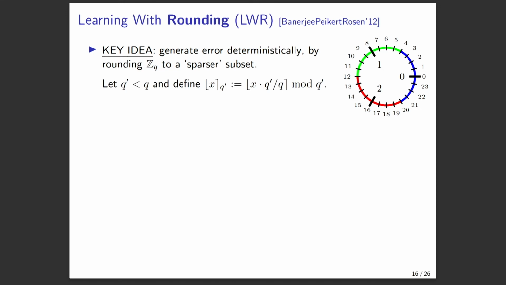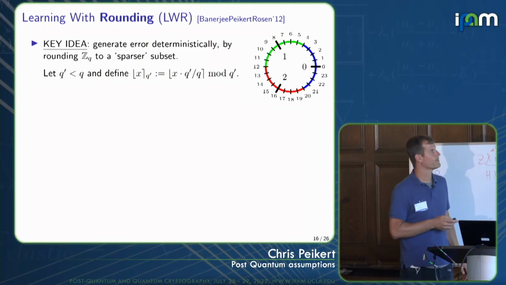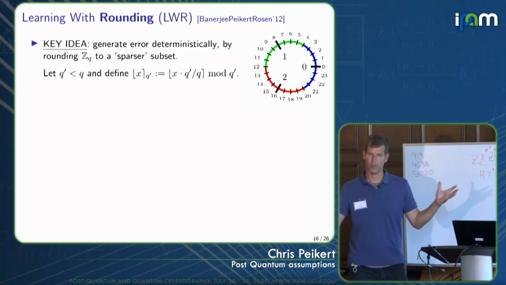Okay, so the formal definition is we have some alternative smaller modulus q', and we just define the rounded x as rescale and round off. So this is the rounding from Z_24 down to Z_3. Okay, but of course we work with larger numbers typically.